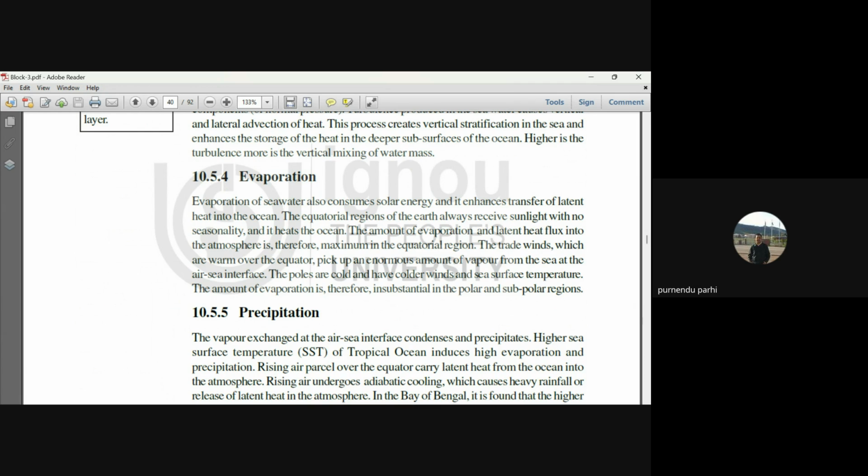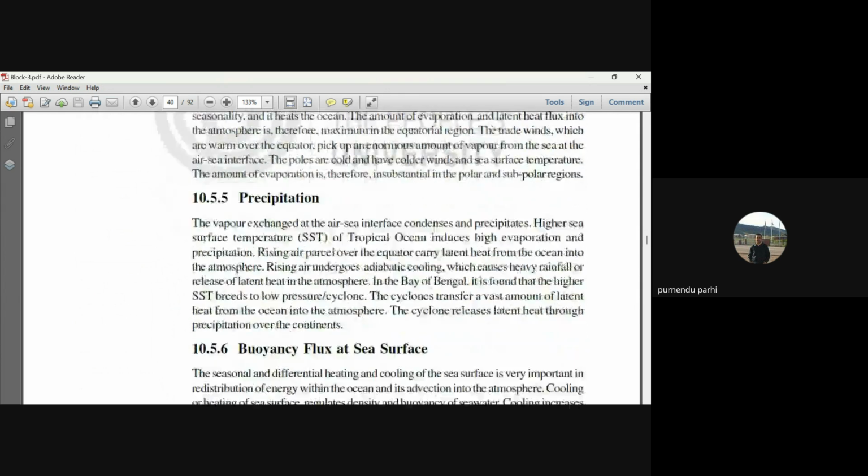The trade winds, which are warm over the equator, pick up an enormous amount of vapor from the sea at the air-sea interface. The poles are cold and have colder winds and sea surface temperature. The amount of evaporation is therefore insubstantial in the polar and subpolar regions.